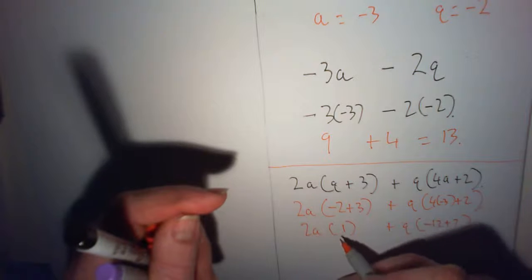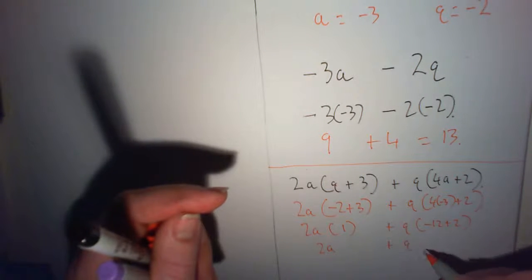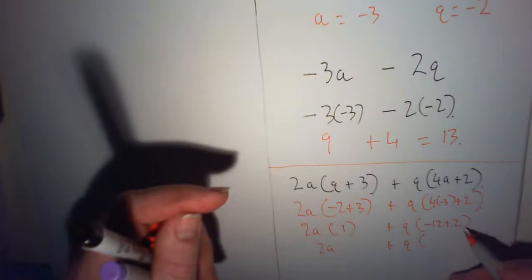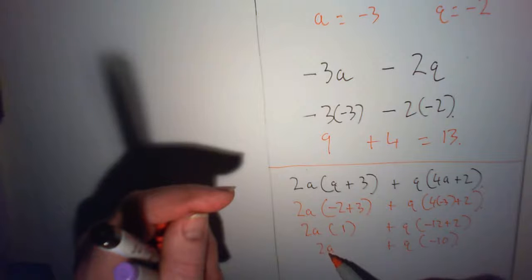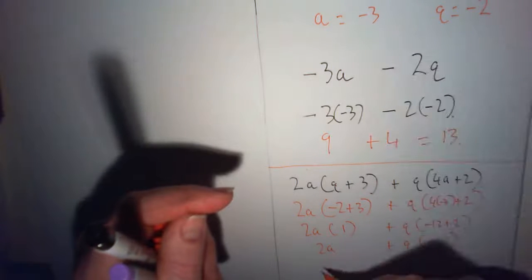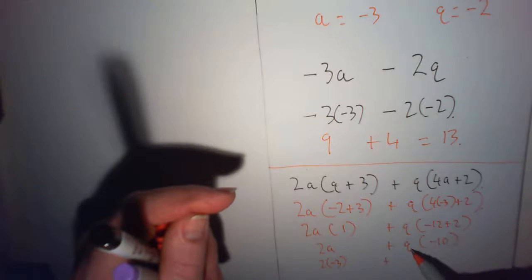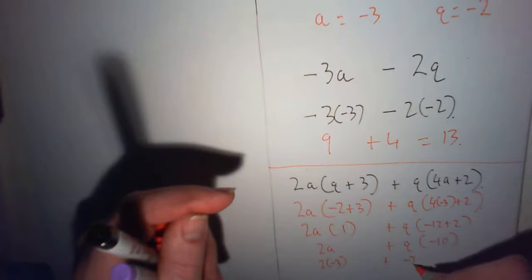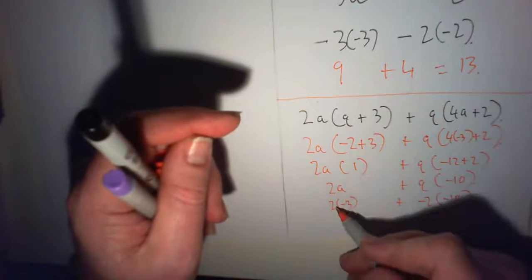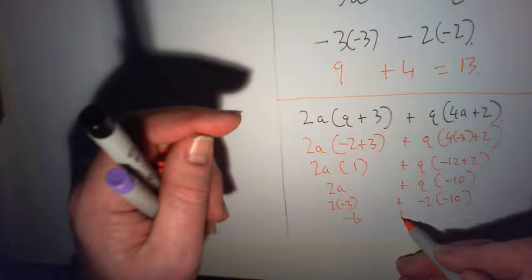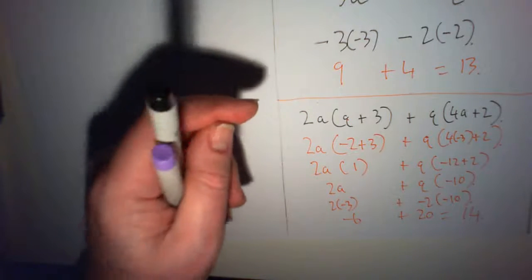So 2a times 1 is 2a, plus q times minus 12 plus 2, which is minus 10. Now, 2 times a, that's 2 times minus 3, plus q, which is minus 2, times minus 10. What are we left with here? Minus 6 plus 20 equals 14.